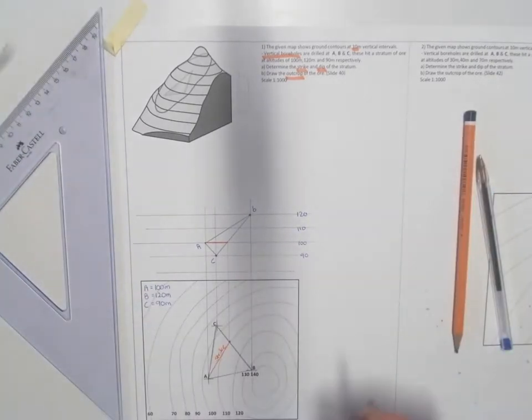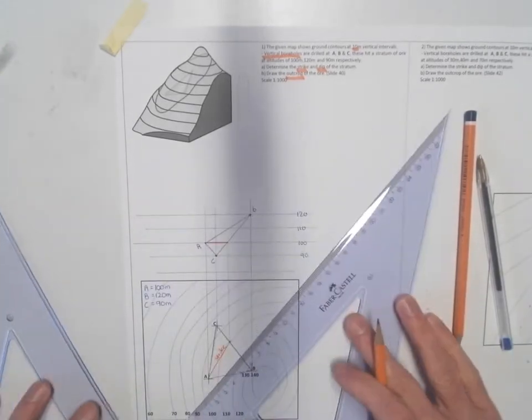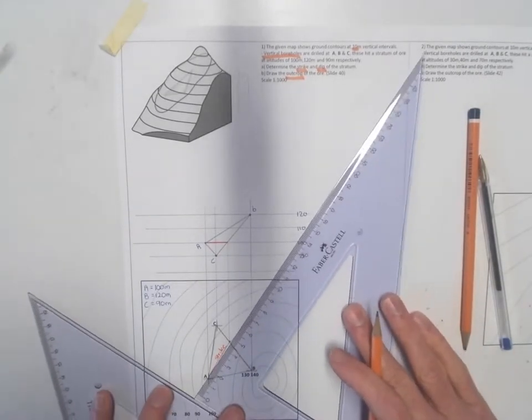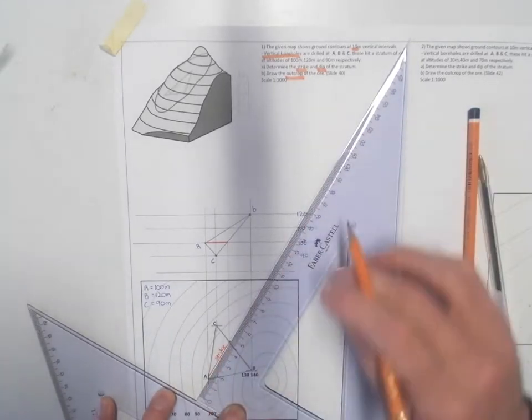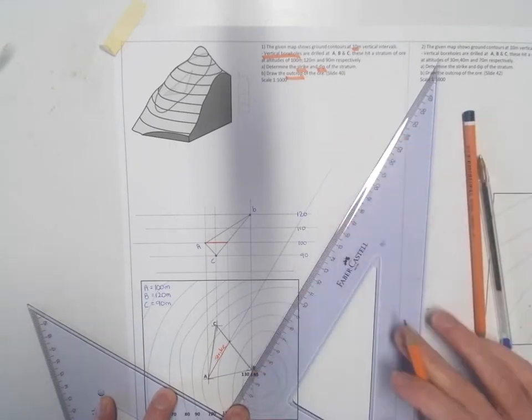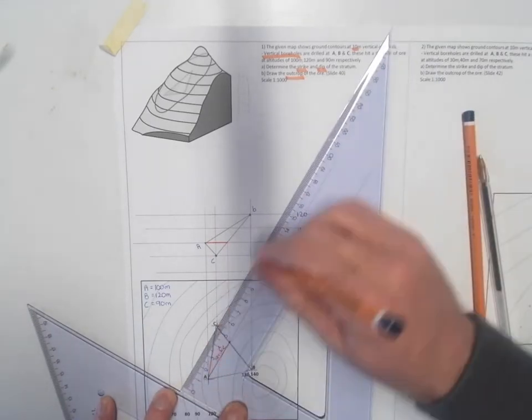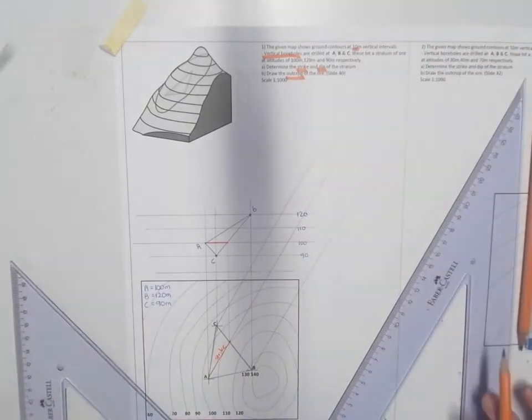Okay, so now we look along our strike. Project up your points. I probably came over a little too far, so I'm going to have to draw it up a little higher, but it's fine.